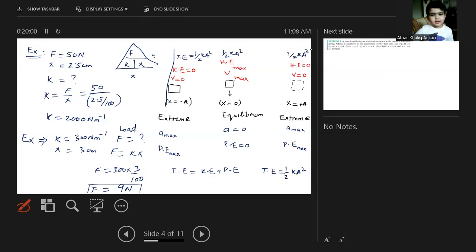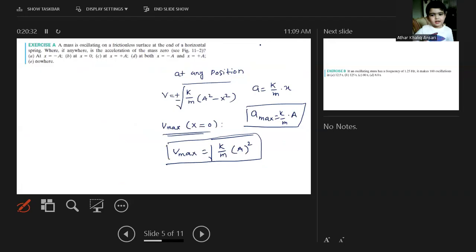Now listen carefully, this is a very important point. If kinetic energy is 0 at the extreme position, the total energy is potential, half k a squared. In the middle, total energy is kinetic, because it is half k a squared. So for the total energy, remember half k a squared, always, all the time.